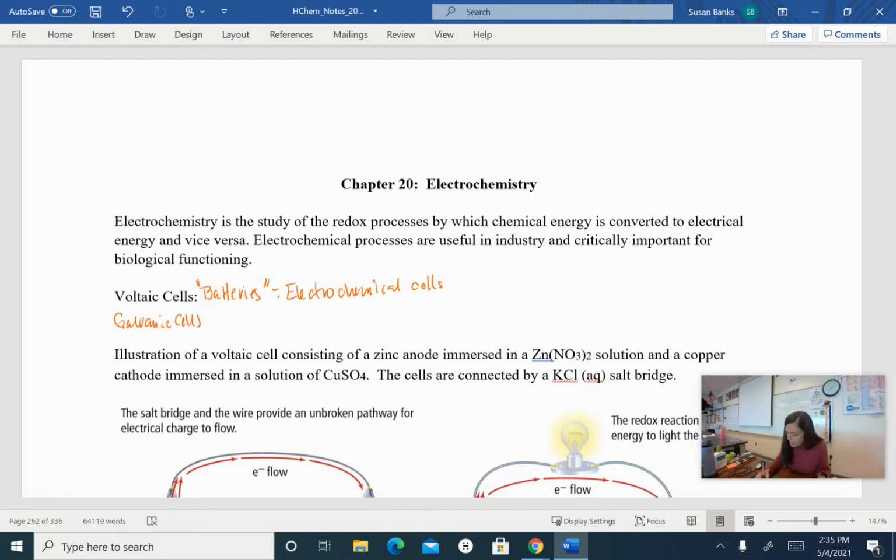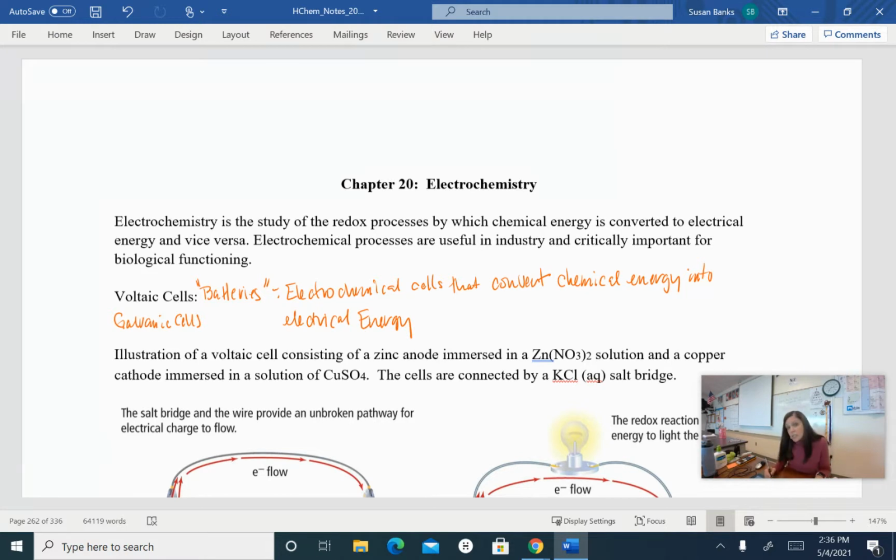Electrochemical cells that convert chemical energy into electrical energy. Okay?